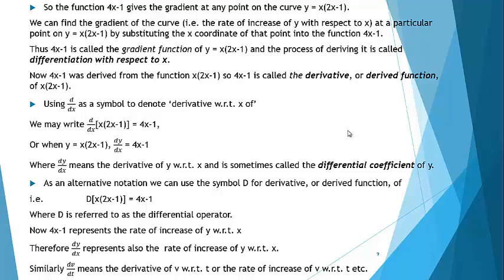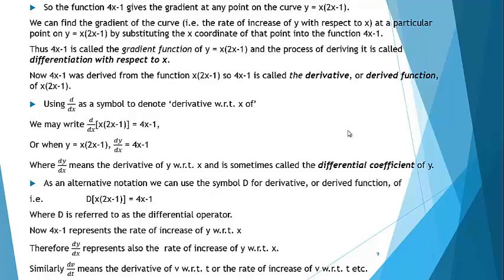Using d/dx as a symbol to denote the derivative with respect to x of, we may write d/dx of x(2x − 1) equals 4x − 1. Or when y = x(2x − 1), dy/dx = 4x − 1, where dy/dx means the derivative of y with respect to x and is sometimes called the differential coefficient of y.